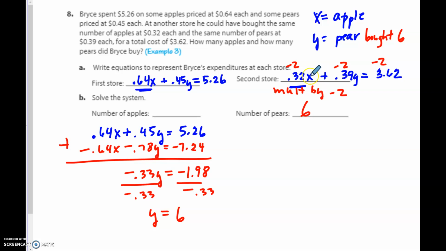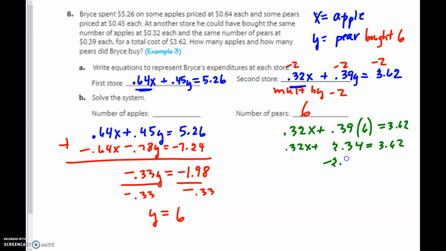Now I'm going to go back into any equation I want. Let's just do this one right here: 0.32x plus 0.39, and I'm putting in a 6, equals $3.62. So when I plug that back in, 0.39 times 6 is $2.34. Now I'm going to subtract $2.34 from each side.